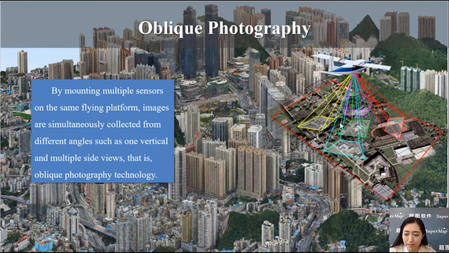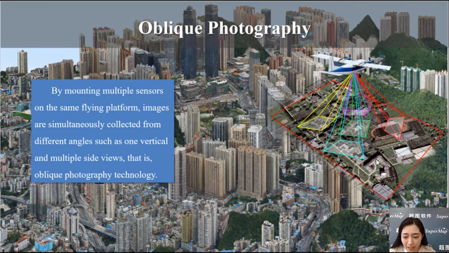The images captured at the vertical ground angle are called positive films, which are one group of images, and the images captured at a certain angle between the lens and the ground are called oblique films, which are four groups of images.